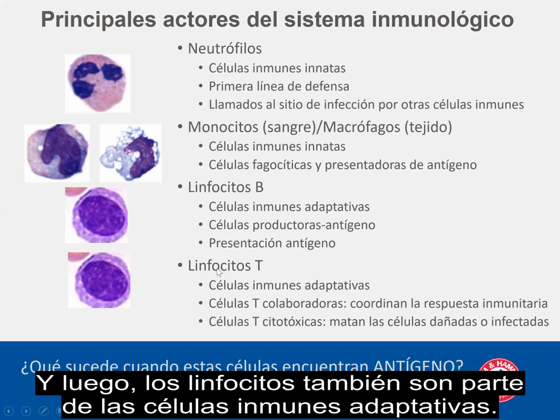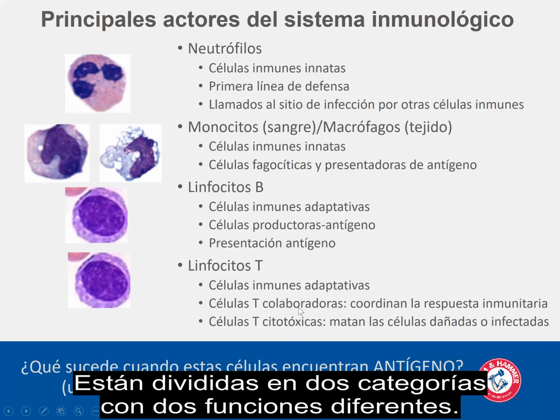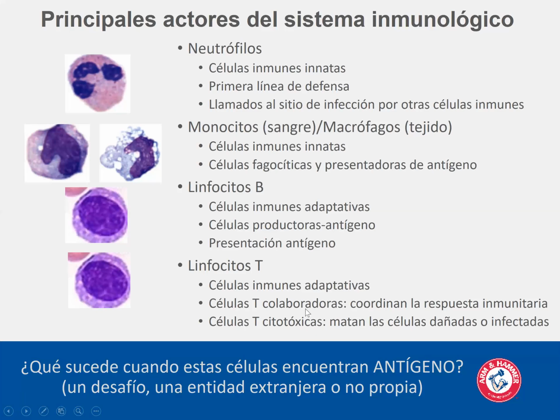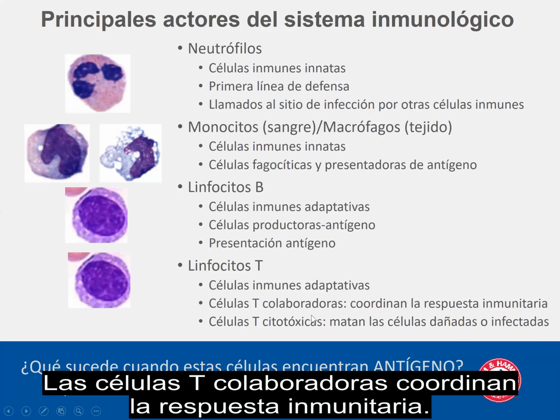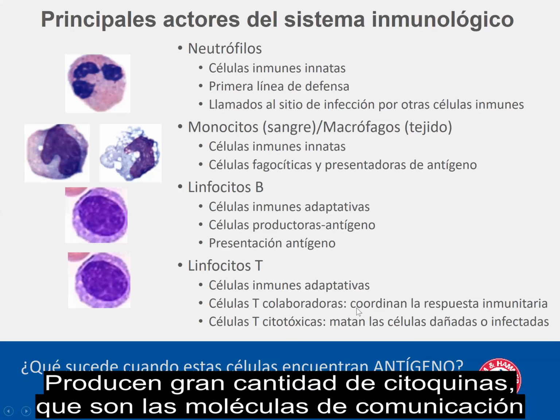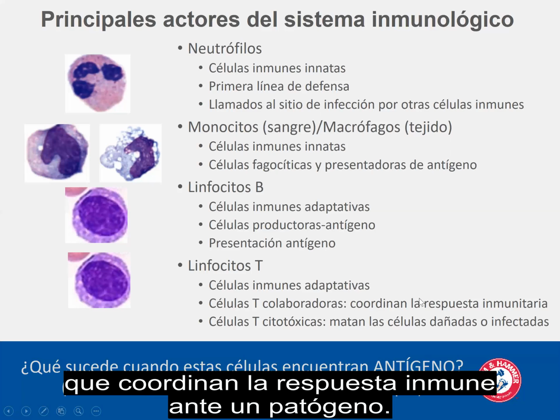And then the T lymphocytes are also cells of the adaptive immune response. And they're categorized in 2 categories with 2 very different functions. The T helper cells coordinate the immune response. So they produce a lot of cytokines, those communication molecules that orchestrate the whole immune response to eliminate a pathogen.